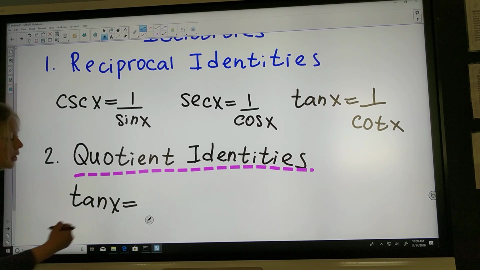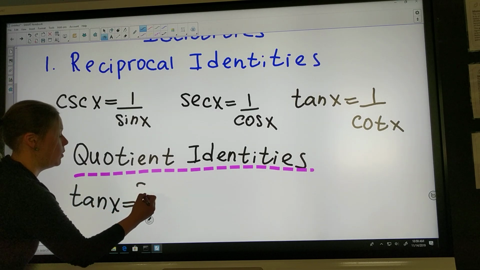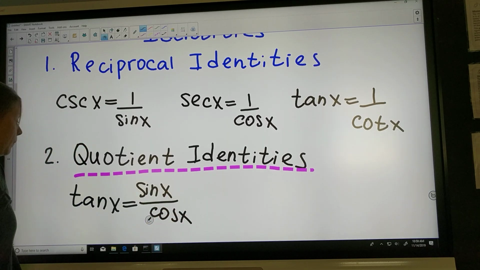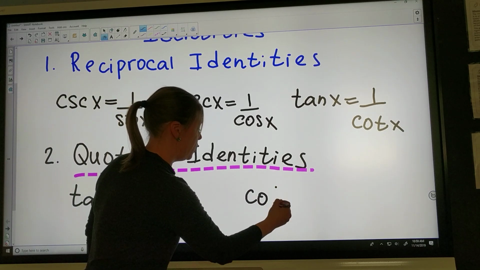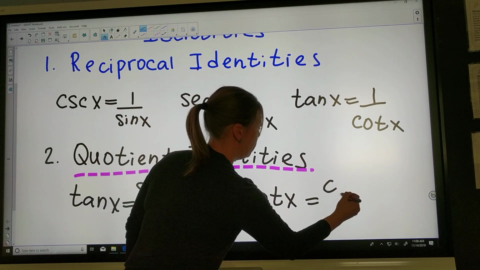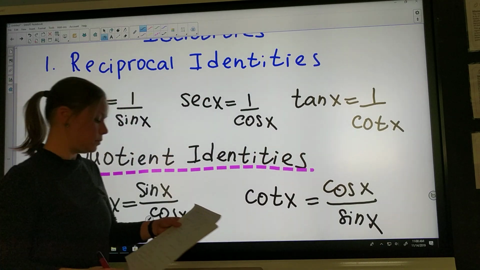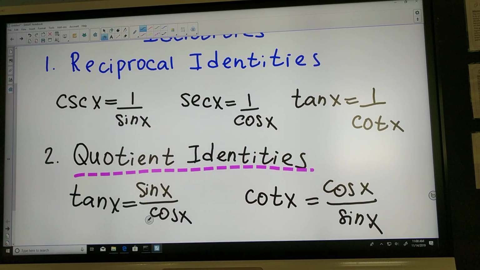Tangent x is the ratio of sine over cosine, and cotangent is cosine over sine. Now I'll give you 30 seconds to write it down, and we will move into Pythagorean identities.